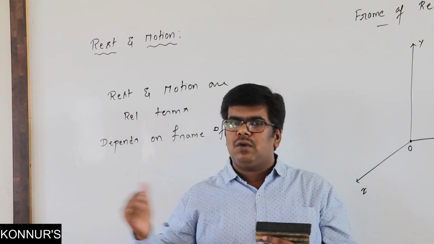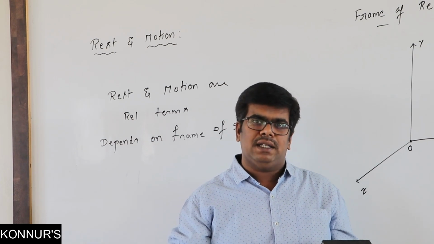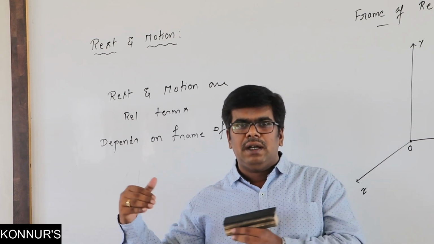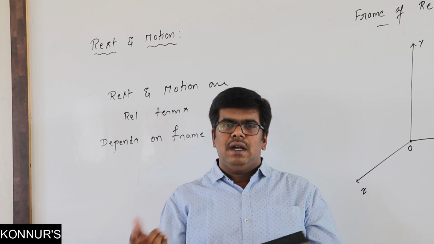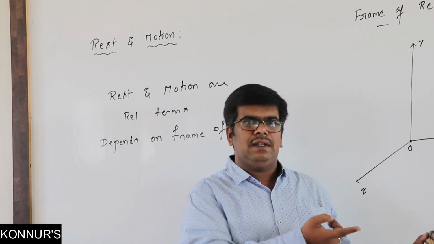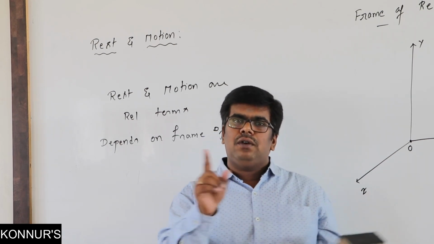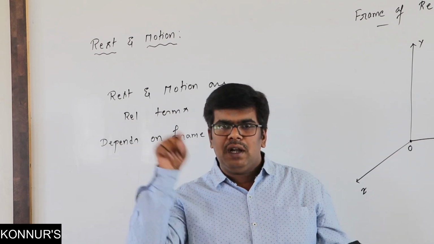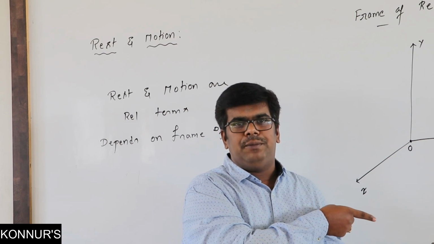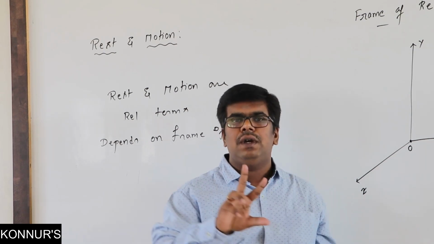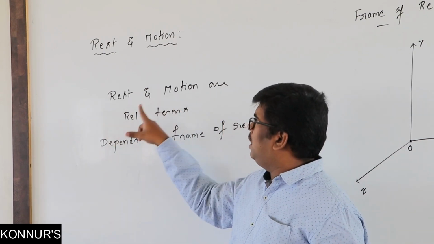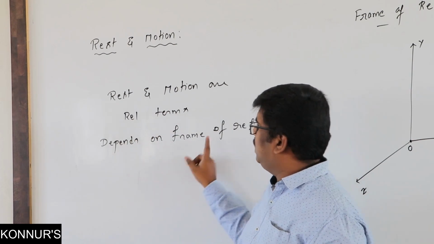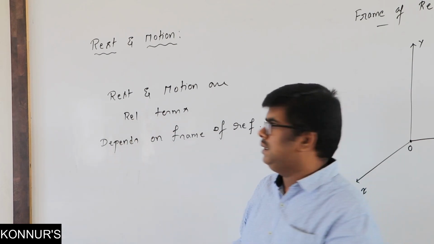But if you are watching, your co-passenger appears to be at rest, because both of you are in the train frame of reference, while the person watching from outside is in another frame of reference. So you are at rest with respect to your co-passenger, but in motion with respect to the observer watching from outside. So motion and rest are relative terms that depend on the frame of reference.